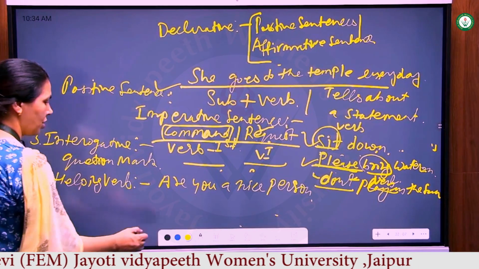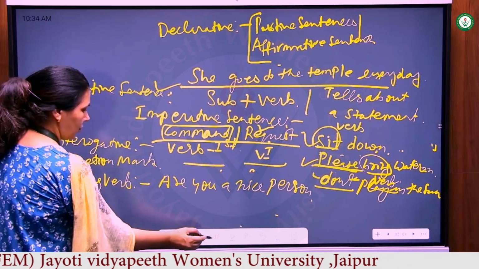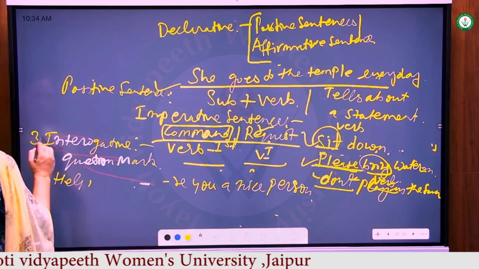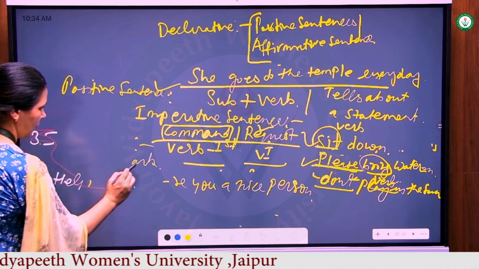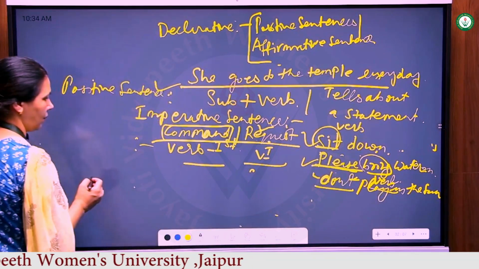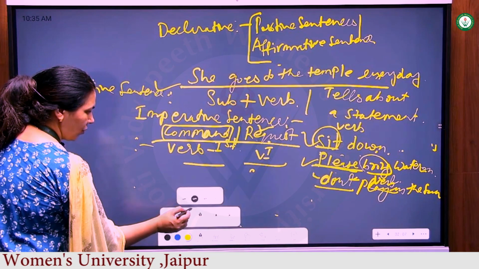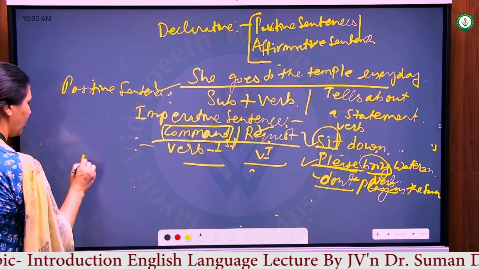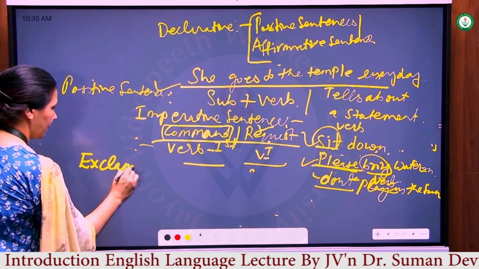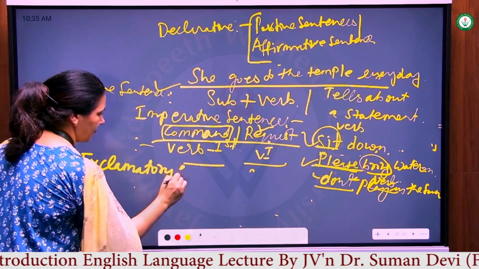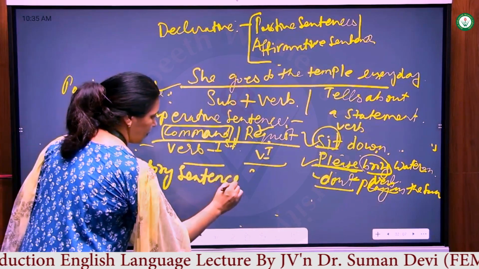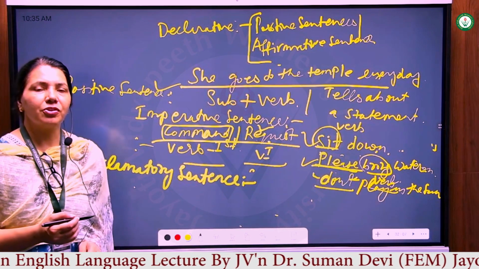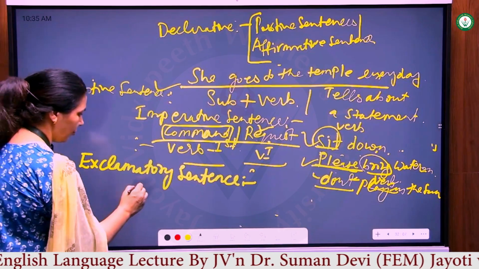Now, the fourth type of sentence is the exclamatory sentence. In exclamatory sentences there is sudden emotion.